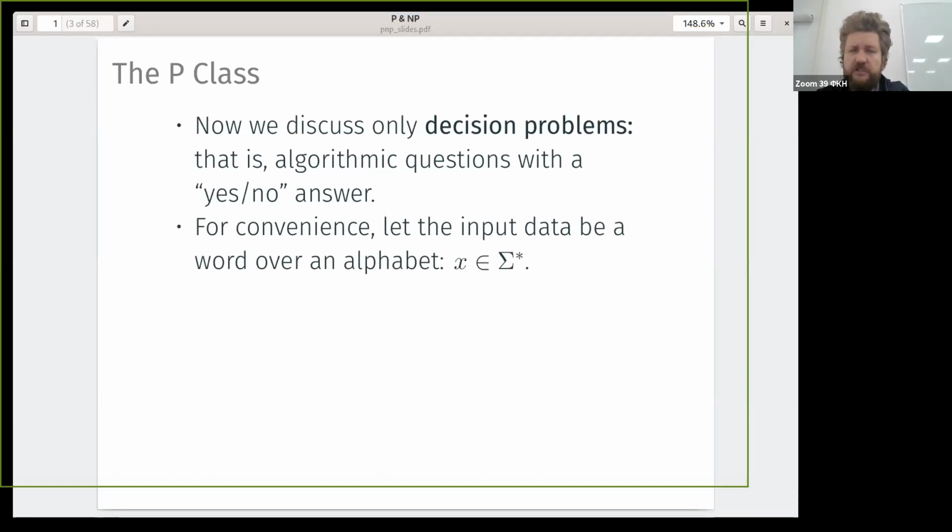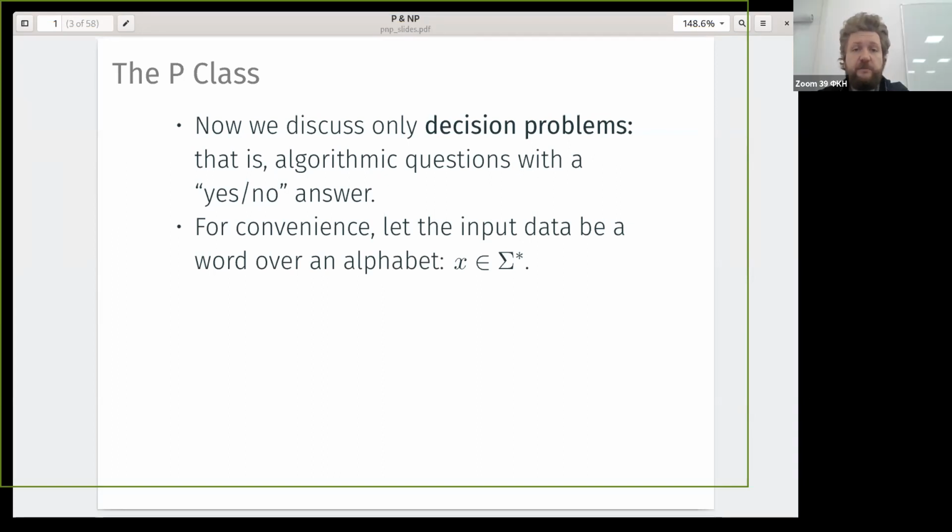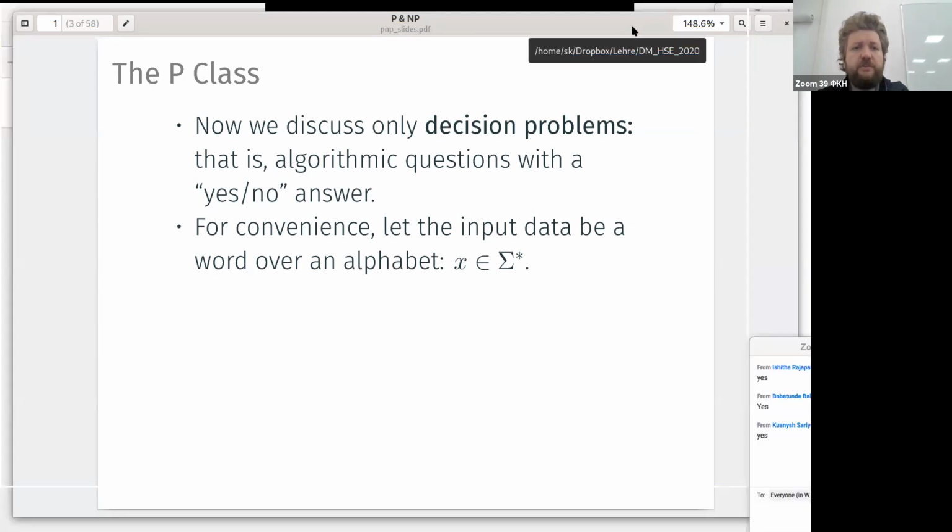We can actually suppose that this alphabet is just zeros and ones. So we have a bunch of zeros and ones as the input, and only one bit as the output. Of course, if you have a bigger alphabet, like the English one, you can always recode it as a binary one, just using byte strings for letters.